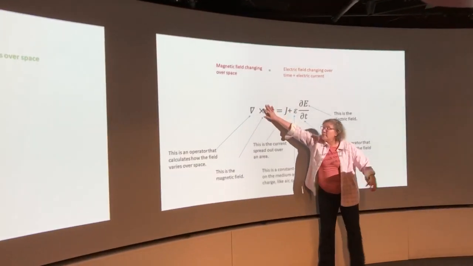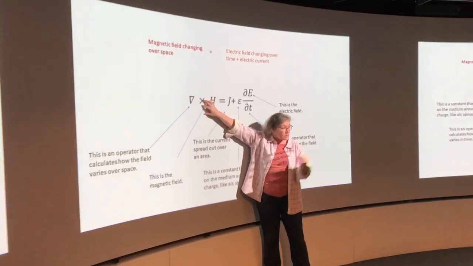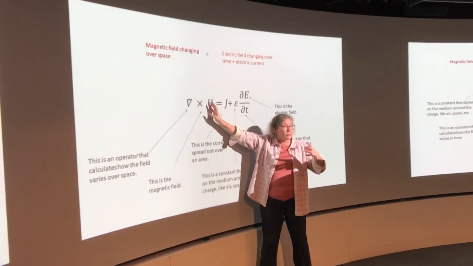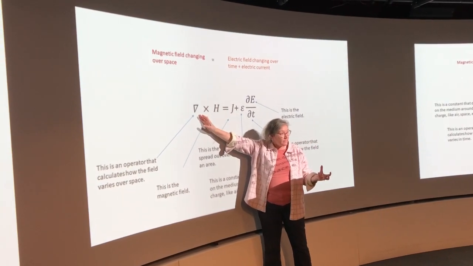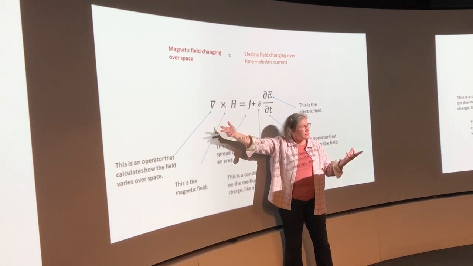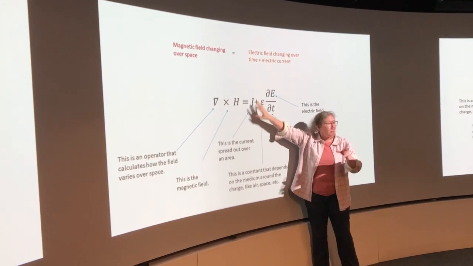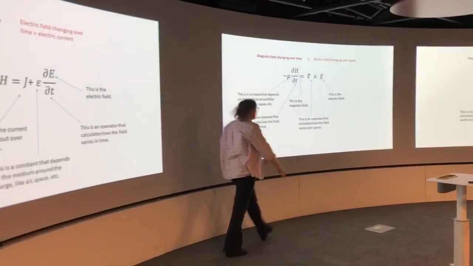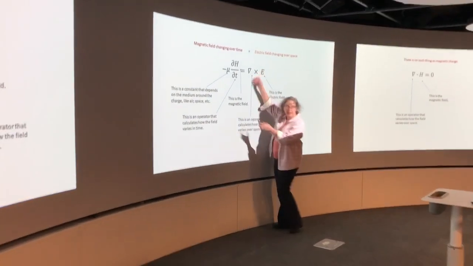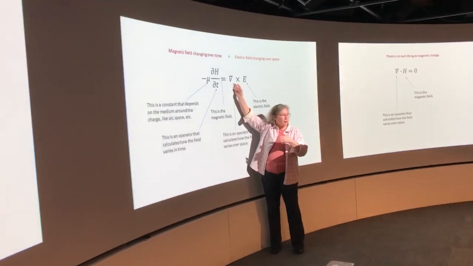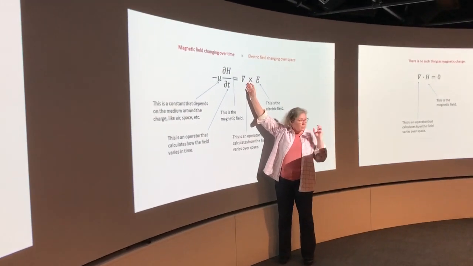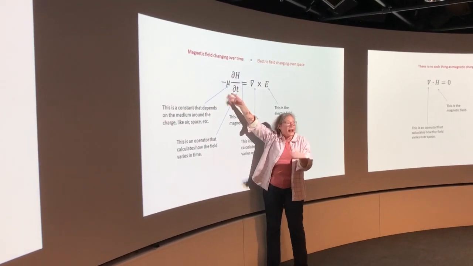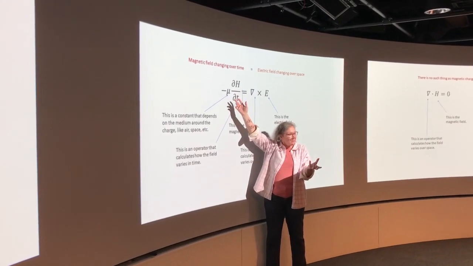If I generate a magnetic field and move it around, I look at it as I'm starting here. That's the left-hand side of the equation, that kind of makes sense. Then I'm going to get out a current and an electric field. In this case, if I generate an electric field, which I can call the current in the wire, then I'm going to get out a magnetic field that varies in time.